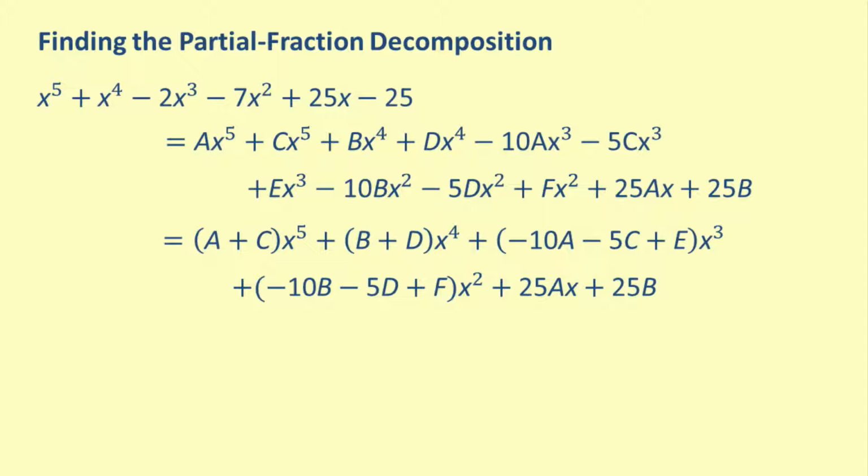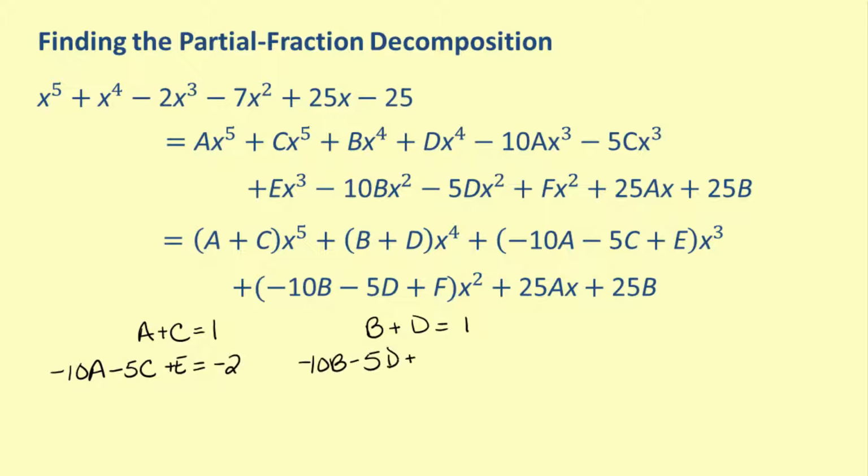We can apply this pattern for all terms and generate a system of 6 equations as a result. So, a plus c equals 1, b plus d equals 1, negative 10a minus 5c plus e equals negative 2, negative 10b minus 5d plus f equals negative 7, 25a equals 25, and 25b equals negative 25.